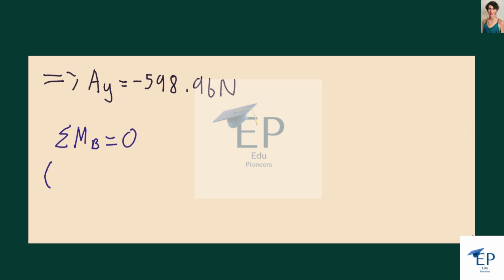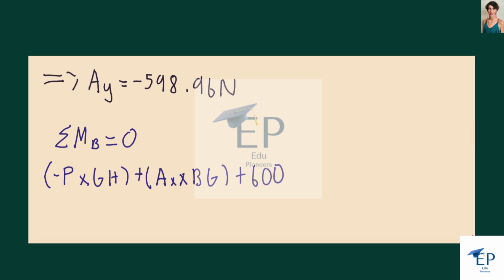And the expression is going to look, using the terms from the free body diagram, like negative P times the length GH, plus the x component of the reaction times BG, plus the force 600 times AG. And we set that equal to 0.